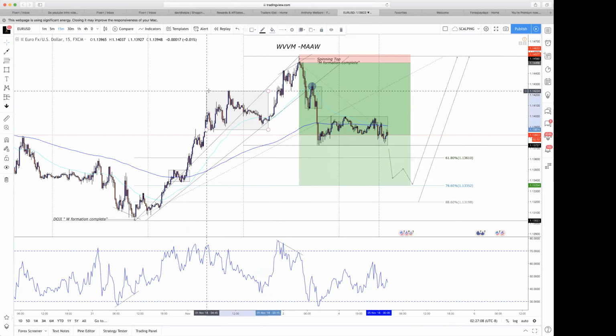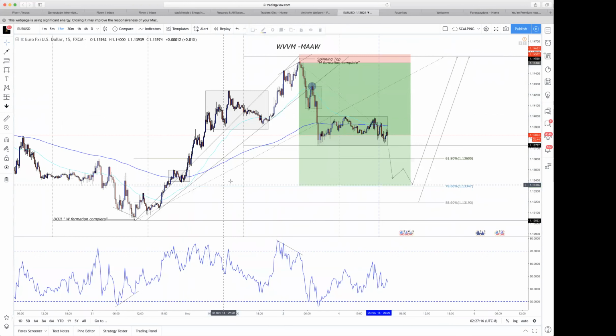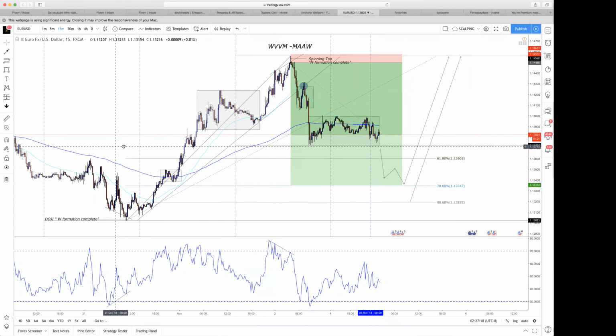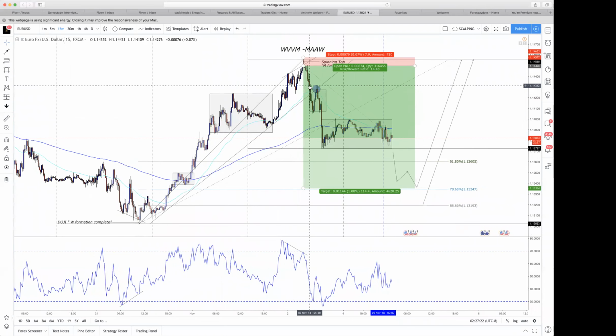If you're counting outside the level, then you're going to be wrong every single time. So it's very important to count the levels accurately in the right manner, and that's what we teach in our courses. But right now, what we can see here is that EURUSD had created a nice M formation.